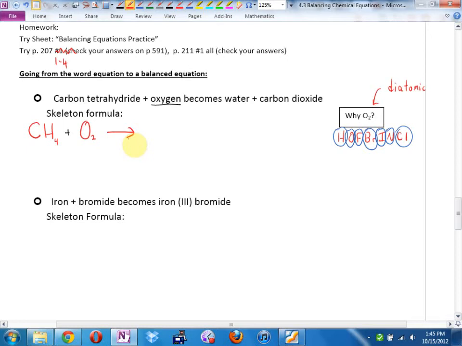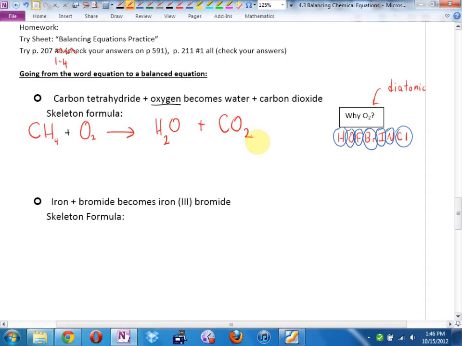Hopefully you've memorized that one by now. Plus carbon dioxide. CO2. This is what's called a skeleton equation. I've written out the compounds, but I haven't yet tried to balance the number of atoms in each.